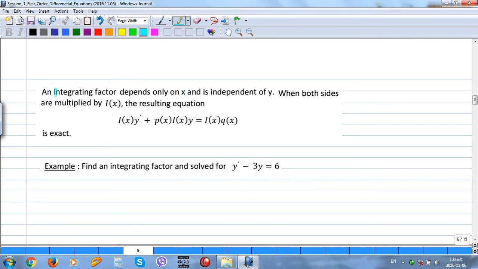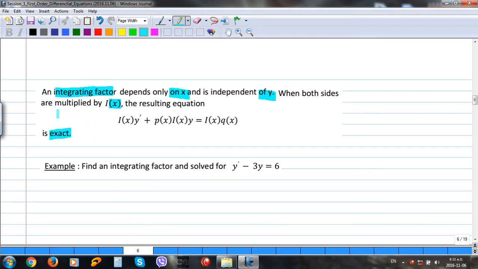It means the integrating factor depends only on x. When both sides are multiplied by the integrating factor, the resulting equation is an exact equation. So we will do examples.